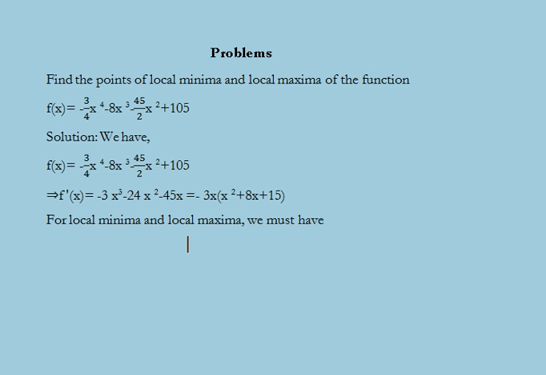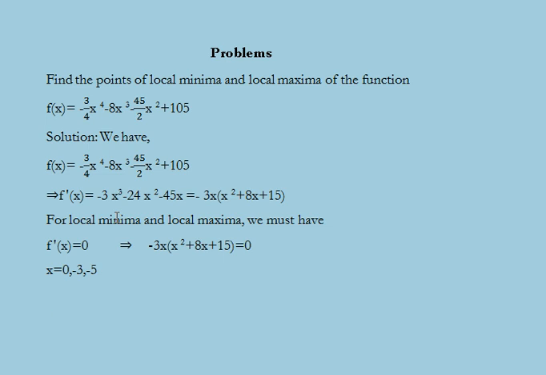Now we know that for a local maximum or local minimum we must have f'(x) = 0, which implies that -3x(x square + 8x + 15) = 0. This gives us the values of x as 0, -3 and -5. Thus x = 0, x = -3 and x = -5 are the possible points of local maxima or local minima.